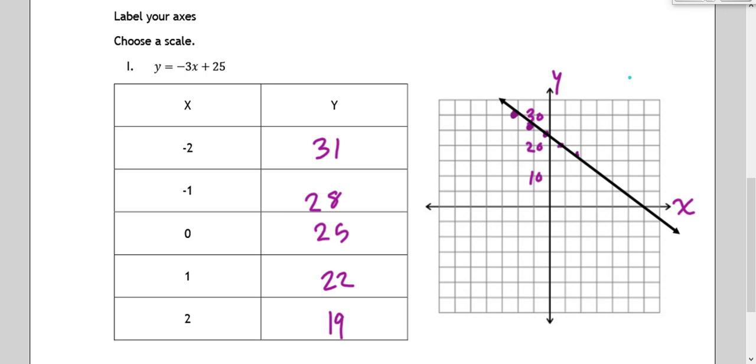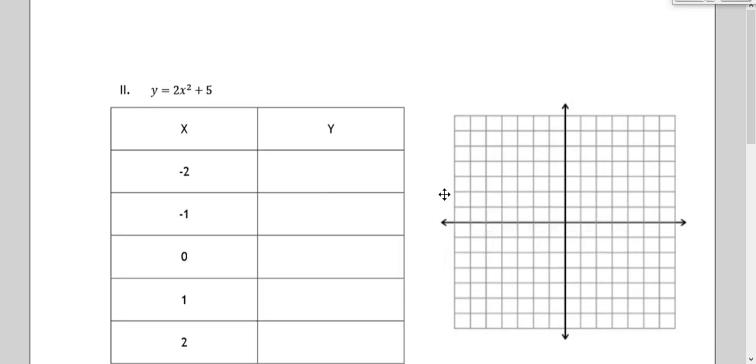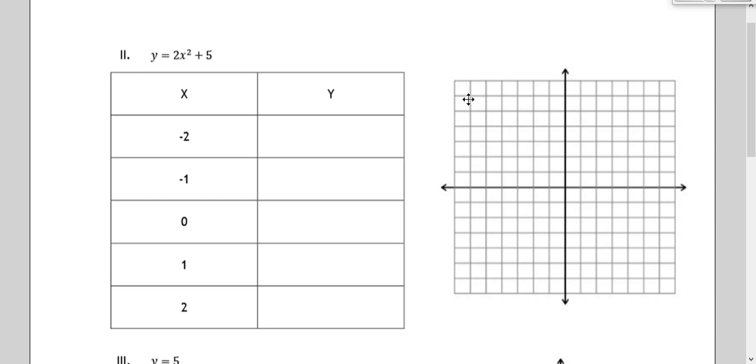Okay, next one. We can see that this is also linear too because it follows all of our rules. I'm going to lock this in place so it doesn't move on me again. We have 2x squared plus 5. So if I plug these in, I get 13, 7, 5, 7, 13.